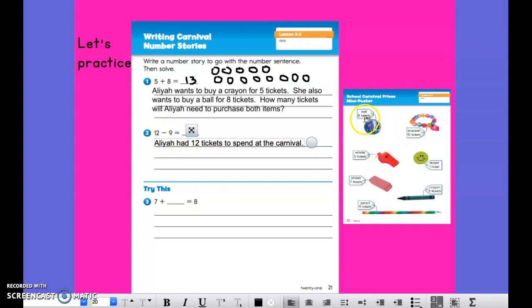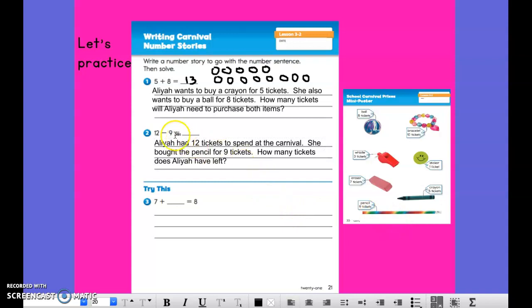Now I want to use this number 9. So what would you use it to spend on? You're going to want to buy that crayon. She bought the pen, I said crayon, I meant pencil, for 9 tickets. How many tickets does Aaliyah have left?